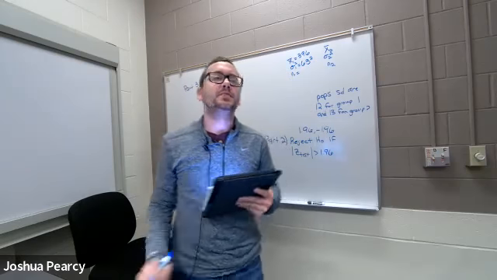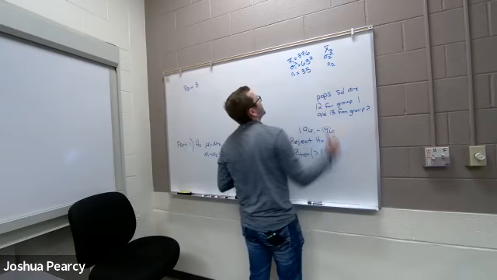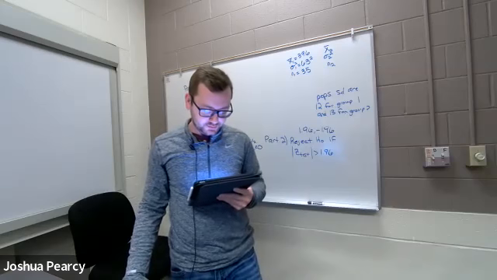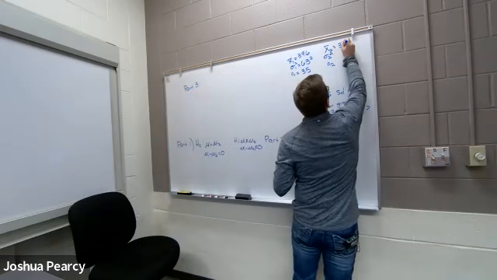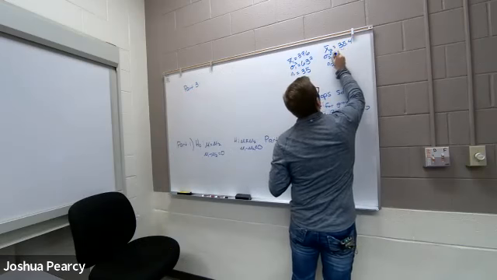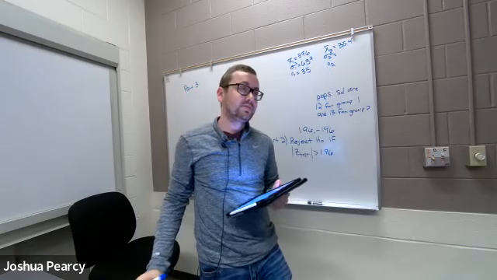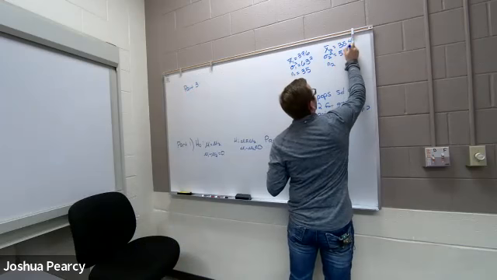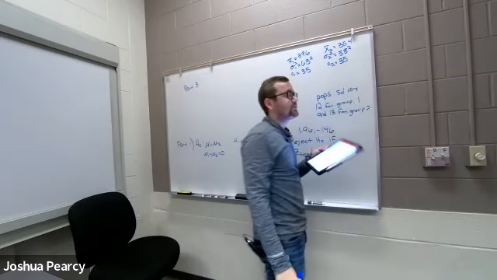N1 is what? Yeah, the sample size, 35. What is X2 bar? Yeah, 35.4. What is sigma 2 squared? Yeah, 5.8 squared. And again, N2 is still the same, 35.